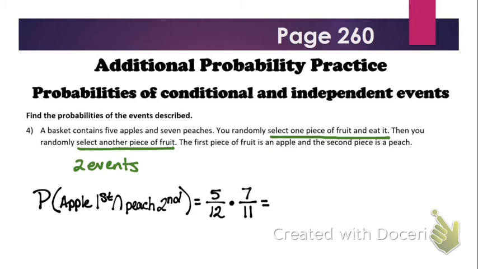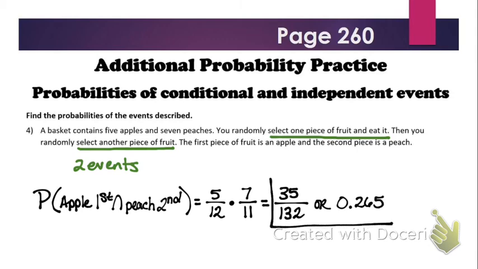So what's the probability? 35 out of 132. What is this as a decimal? 0.265. So 27%.